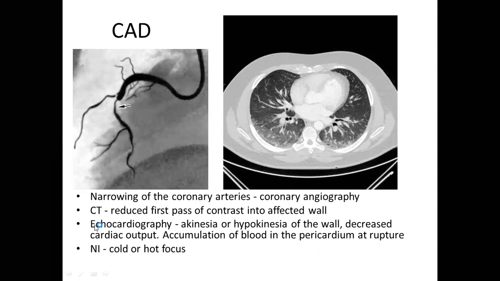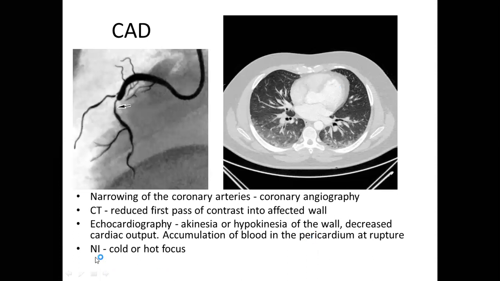On echocardiography, we may notice akinesia or hypokinesia of the wall and decreased cardiac output. Sometimes, if we have rupture of either a coronary artery or the wall of the myocardium, we may see fluid in the pericardium.